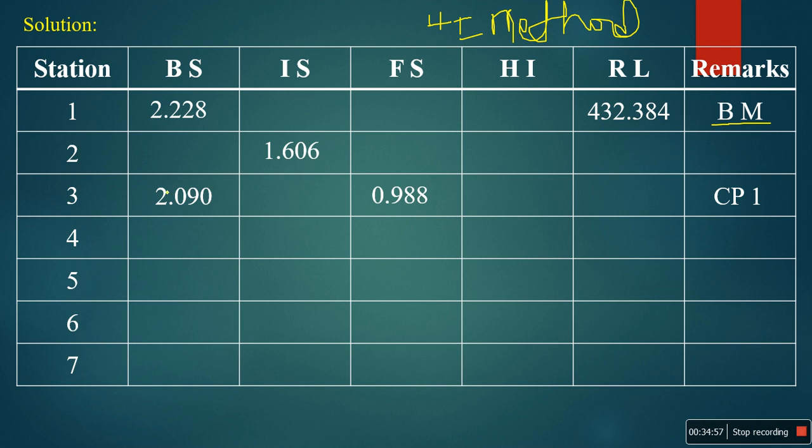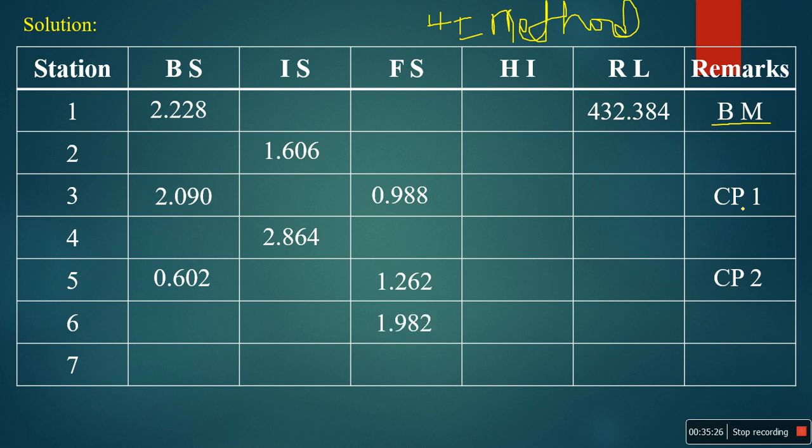So after this station I am writing here, this is change point 1. Similarly next IS, FS. If it is FS, the next reading will come under the backsight in the same line. Next again, you can write this as change point 2.